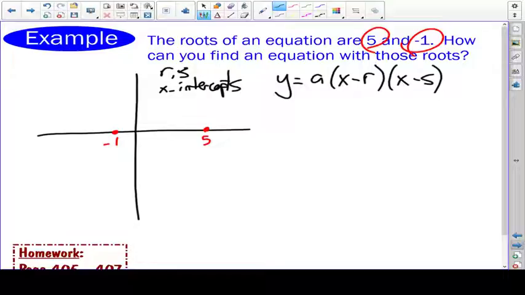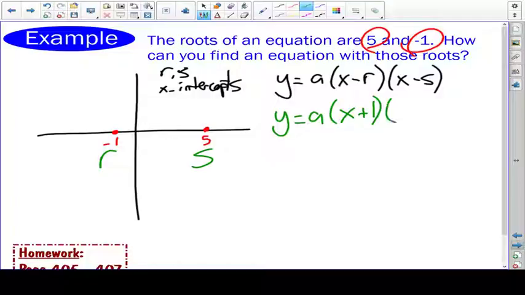So if we use that same idea, it doesn't matter which one's which, I can call this r, I can call this s. So y equals x minus -1, which is x plus 1, and x minus 5. Now for this to be an equation, it must be equal to 0.